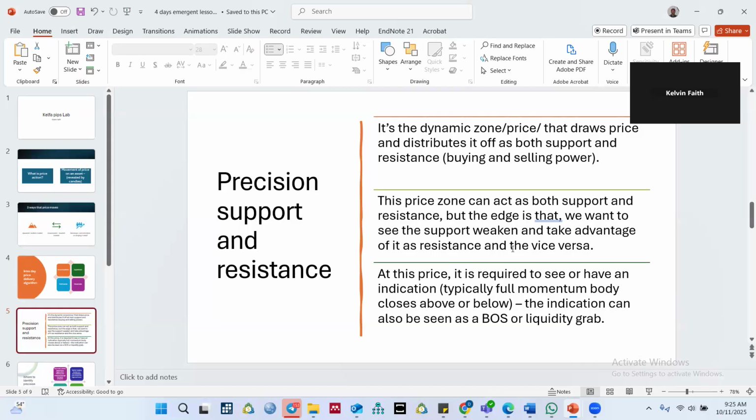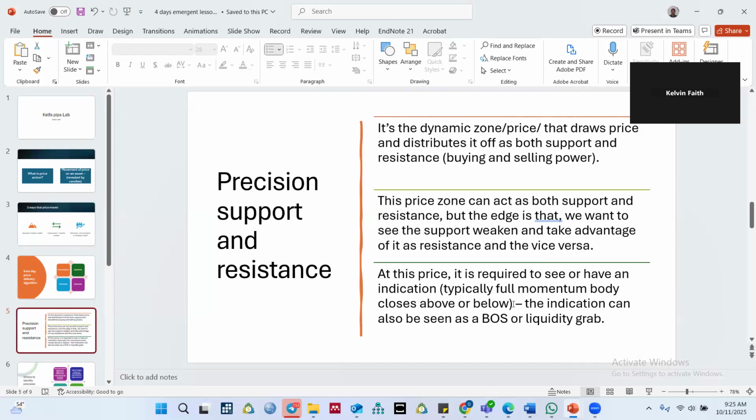Within support resistance or key levels, within that zone, that's where I frame or find this particular price or line. At this price, what is the requirement? It is required that we see an indication. And what is indication? Indication is typically a momentum body closing above or below.